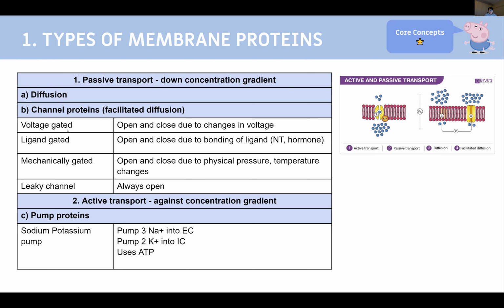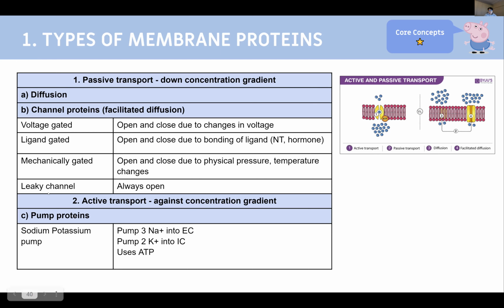Examples are voltage-gated channel proteins, which open and close with changes in voltage. We have ligand-gated channels, which open and close with the binding of ligands, for example neurotransmitters or hormones. We also have mechanically gated channel proteins, which open and close due to physical pressure or temperature changes.